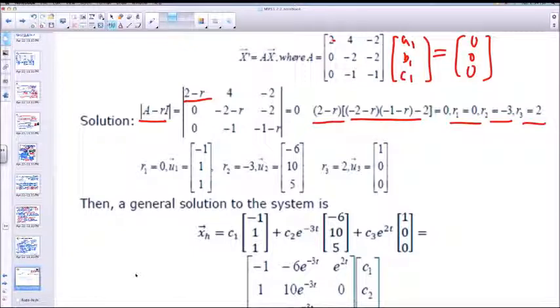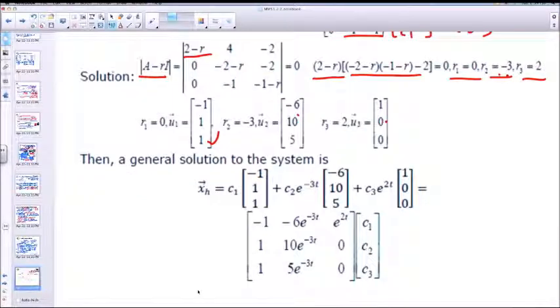Among these three equations, see, these are the same, right? You only have two equations. That's how you get the non-zero solution here. And then you get R equal negative 3. You get this one, get this one. And then your solution, that's the first one, e to the 0 is 1, right? e^(0t), and that's nothing here.